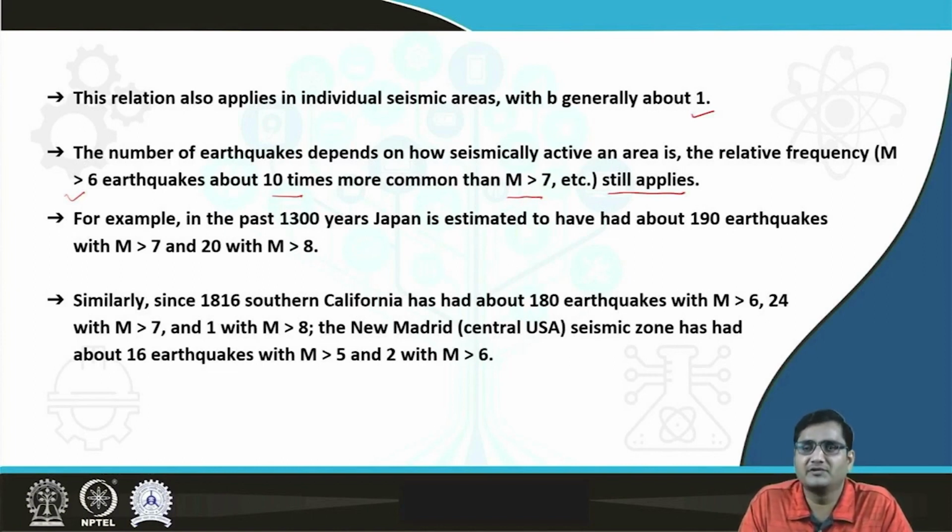There also the b value will be around 1, and if you compare the number of earthquakes happening in that region for, let's suppose, magnitude 6, then the number of earthquakes for magnitude 7 in that smaller region will be around 10 times less common than magnitude 6. If you take a larger area for a larger period of time, then this relationship will hold even more true than the one taken for the smaller region.